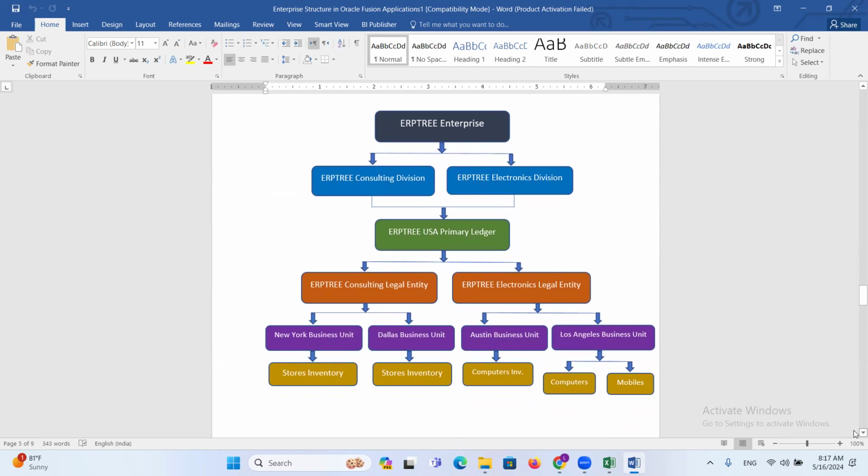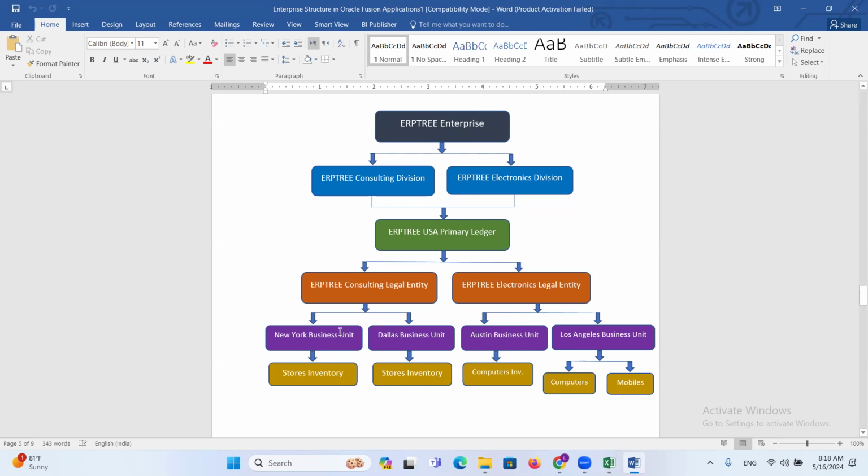We are not going to design the enterprise structure within the instance. Based on the setups we do, the system will understand what is falling under what and what is mapped with what. The system can understand that logically, but we are not going to design it as it is in the system environment. When you create an inventory organization, we specify which business unit it belongs to.